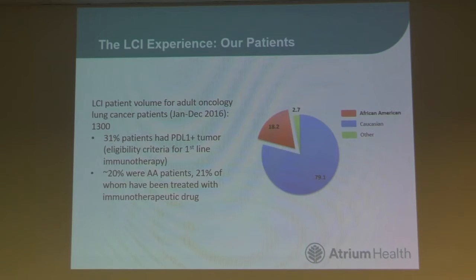So when in 2013, nivolumab, the first immunotherapeutic drug, was approved for non-small cell lung cancer, it stemmed from a clinical trial headed by Bristol-Myers Squibb. And what they had found in this clinical trial, we had this drug, nivolumab, an immune checkpoint inhibitor, and patients who had this PD-L1, programmed death receptor ligand 1.